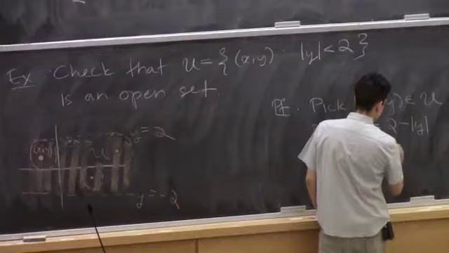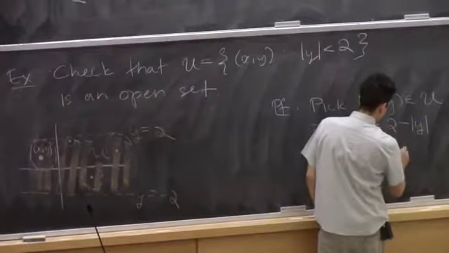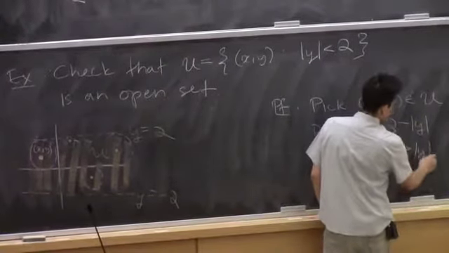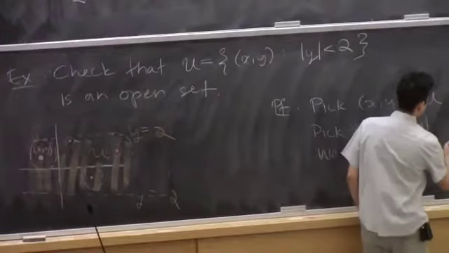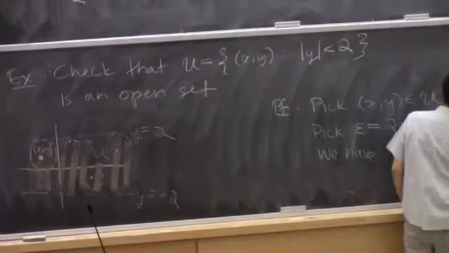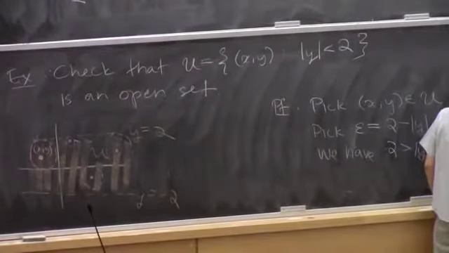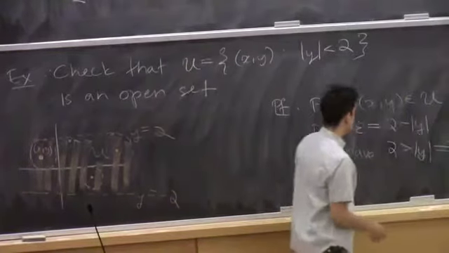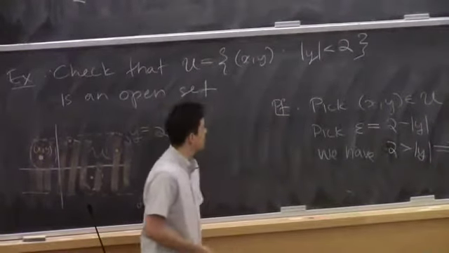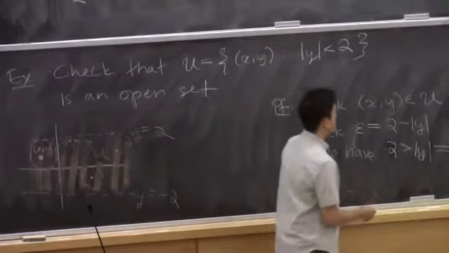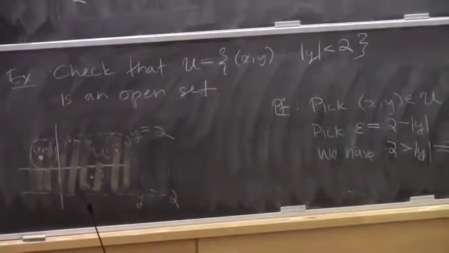So we have that absolute value of y is less than 2. Okay, so that means that our epsilon's positive, and we get that this point's controlled.